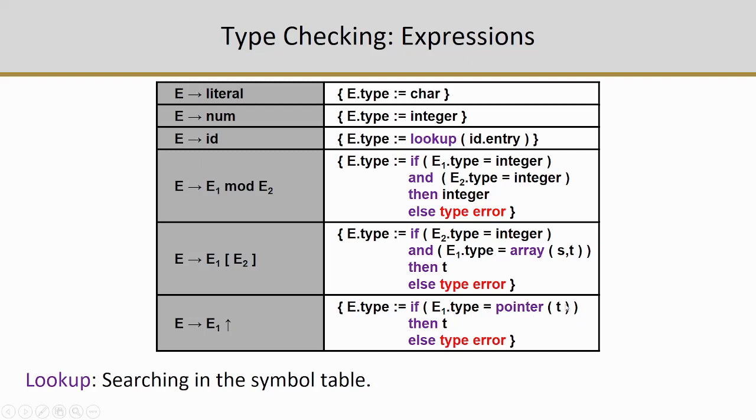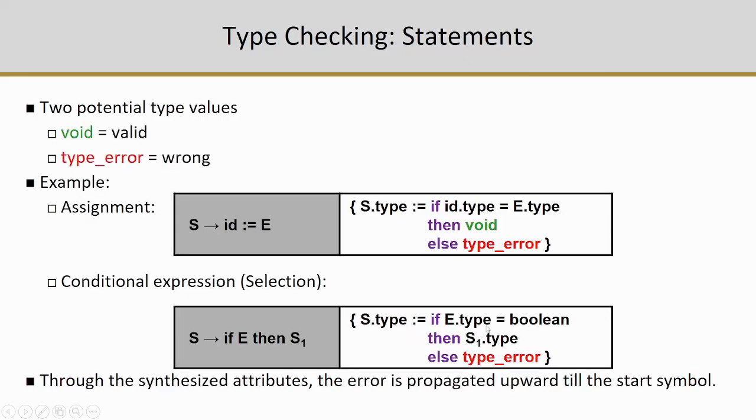If A1 is not a pointer, then we get a type error here. And in case of an assignment, we can have just two types of values. Either it is a valid statement or a type error.